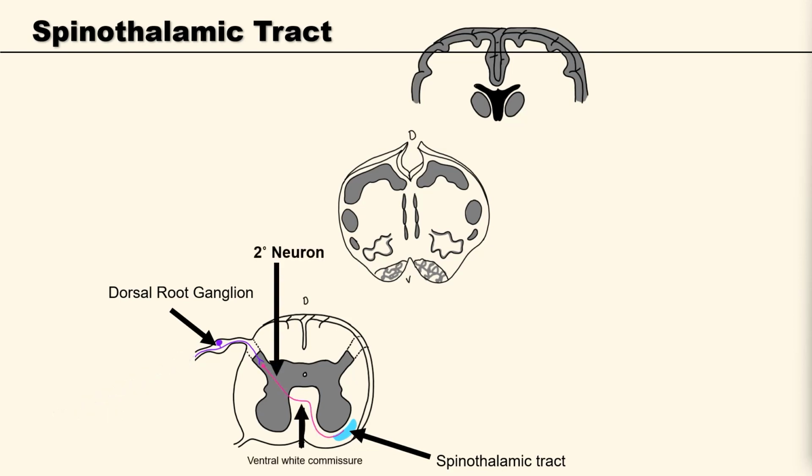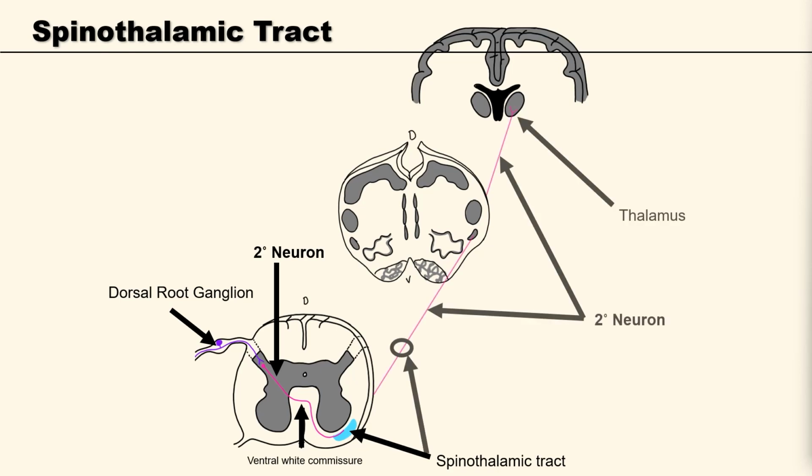The second-order neuron crosses at the anterior white commissure and the axon enters the spinothalamic tract. It then courses superiorly until it reaches the thalamus on the contralateral side. The second-order neuron then synapses with the third-order neuron, which completes this journey and synapses onto the cortex in the appropriate area.